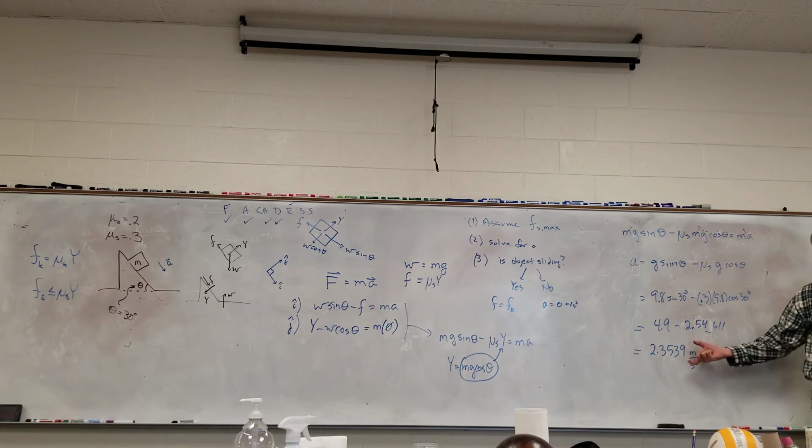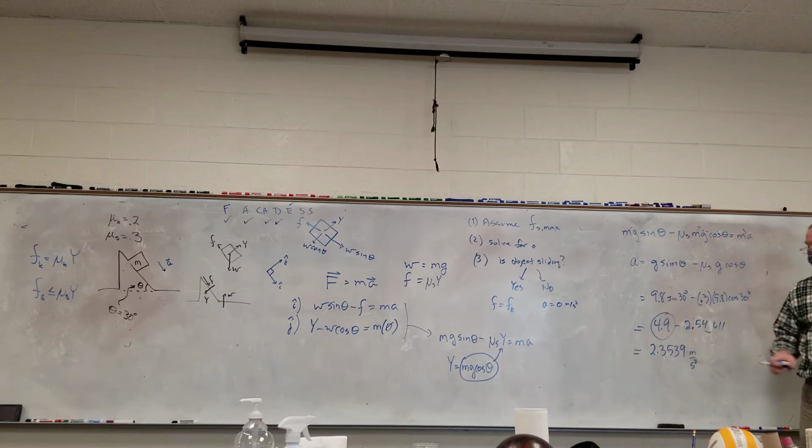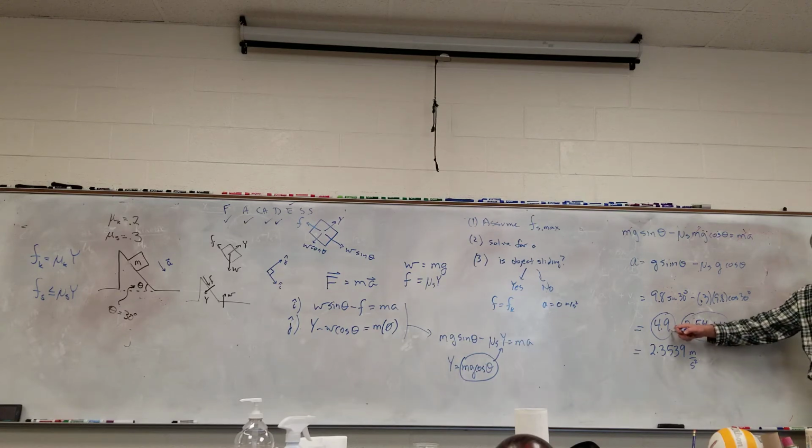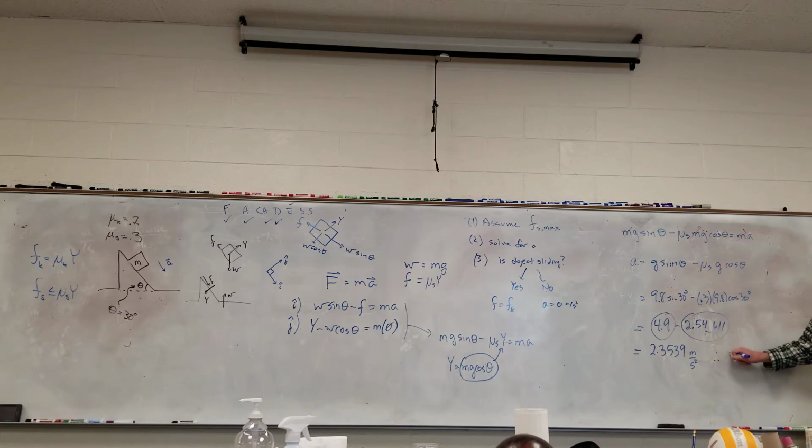The fact that this is a positive number tells us that we have overcome it. The other way of looking at it, this right here is the force pulling it down the ramp. This right here is the maximum static. We definitely overcame it. We have more down the ramp than what's trying to hold it back. So therefore, it will move, it will slide.